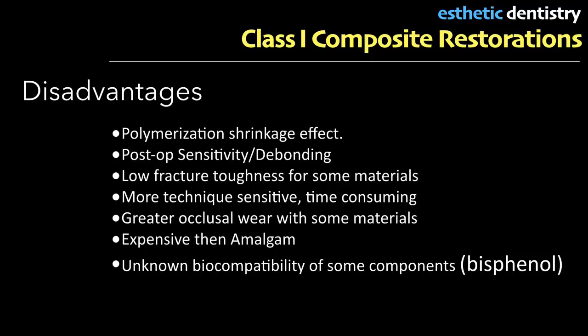If the material is not good, there could be some linear coefficient of thermal expansion, and the biocompatibility of some components, including BIS-GMA, is unknown. It requires more time to place as compared to amalgam. It is more technique sensitive. You need etching, priming, and adhesive placement, inserting the composites, developing the proximal contacts, finishing and polishing. And in comparison to amalgam, it is expensive.